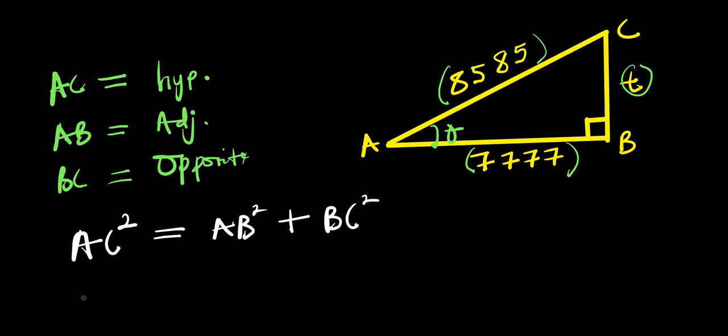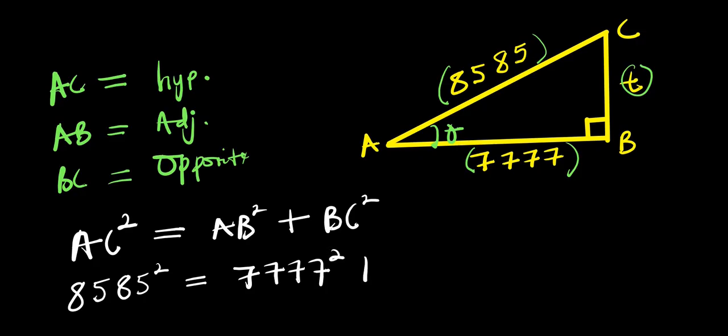So AC is 85, raised to the power of 2, and this equals AB is 77, raised to the power of 2, plus BC is T, raised to the power of 2. Now, we are to solve this without the use of calculator, so no calculator allowed.